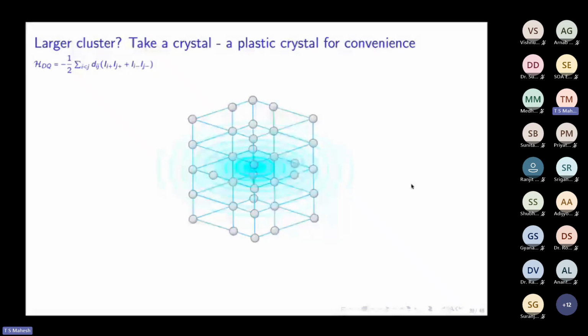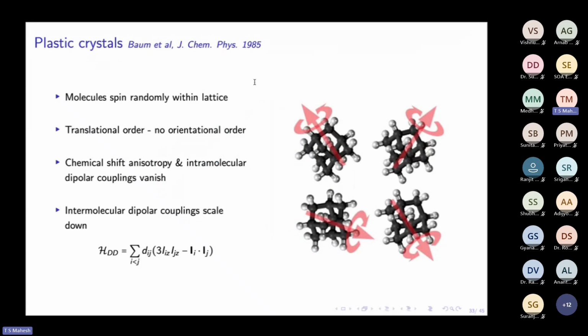But then there are some interesting possibilities. If you take a plastic crystal, for example, which is what we do, in plastic crystals molecules spin in their equilibrium positions. So they have translational order. Molecules are in specific translational positions, but there is no orientational order, because even at room temperature they are spinning in arbitrary orientation.